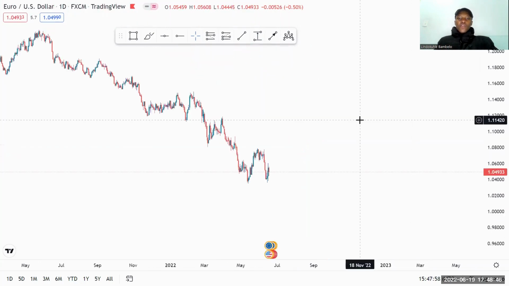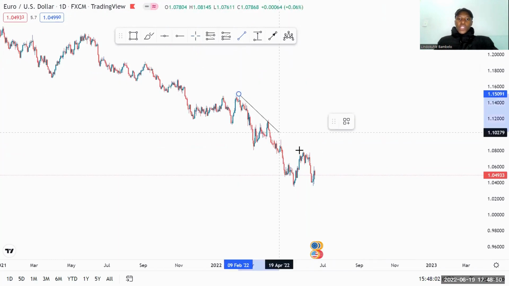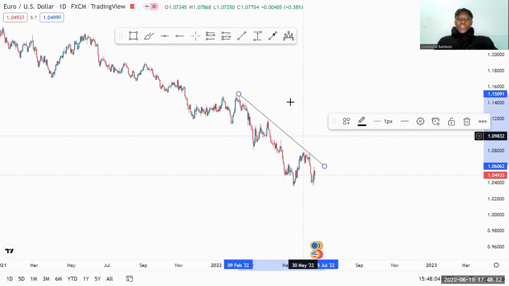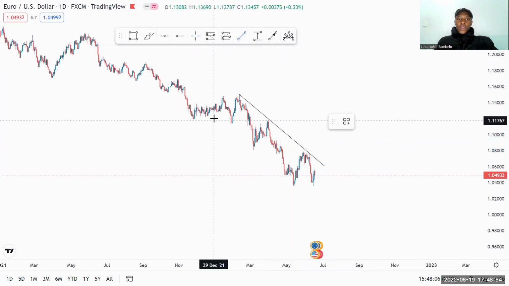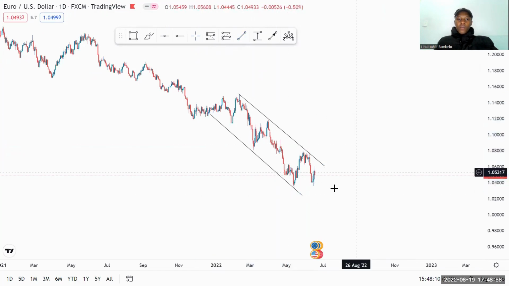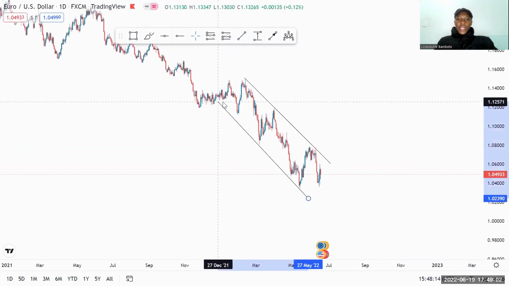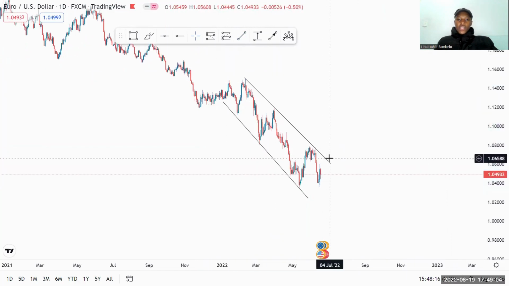You would remember from the previous videos that on EURUSD, we had this nice bearish trend over here. It's pure, it's clean, guys. Nothing complicated. First touch, second touch, third touch, first touch, second, third, fourth touch.